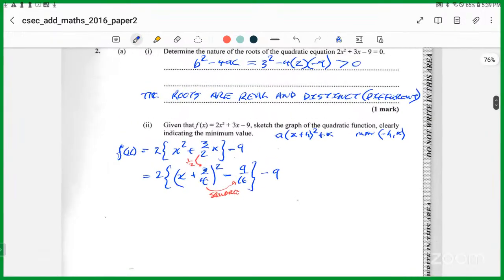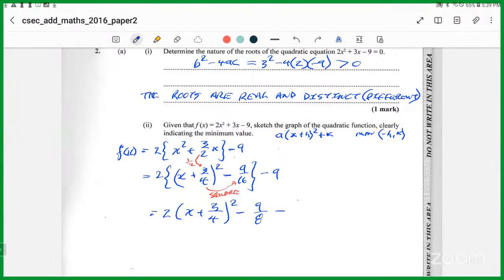Now if we expand this, we get 2 times x plus 3 over 4 squared. Then 2 times this becomes minus 9 over 8, minus this 9 now.